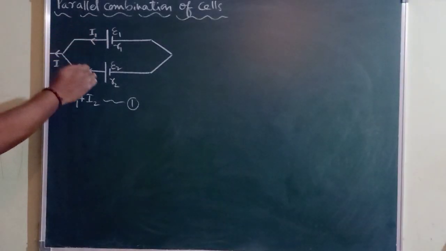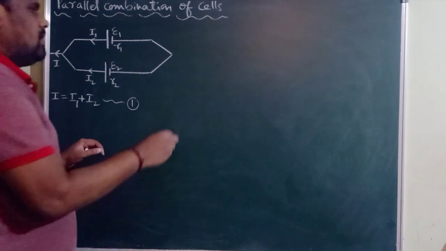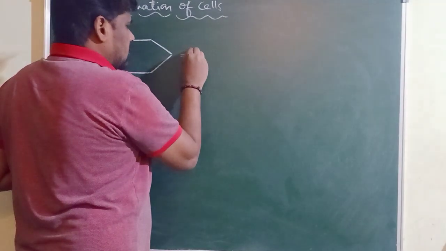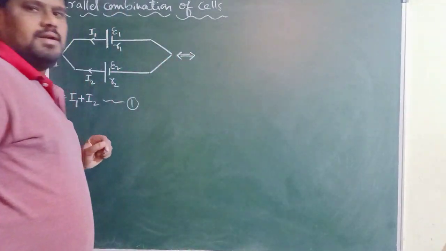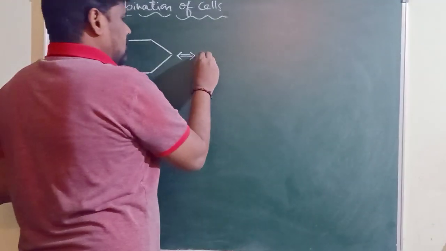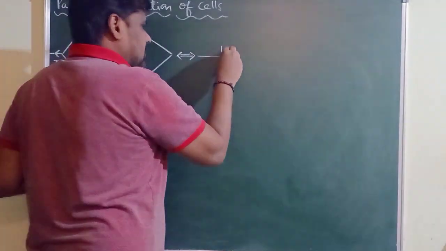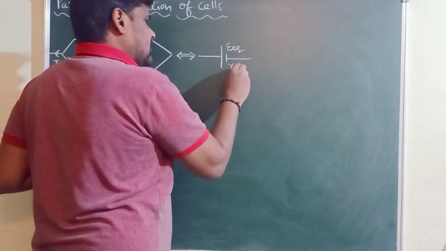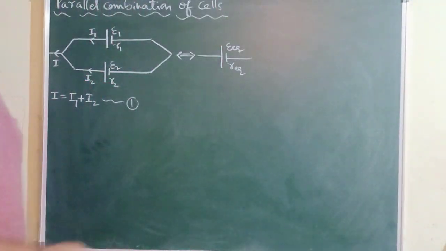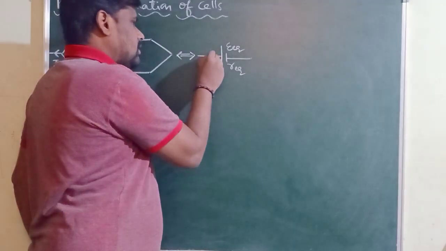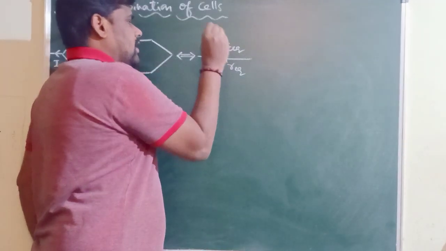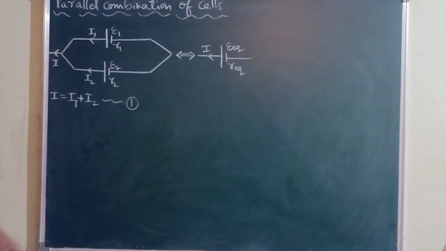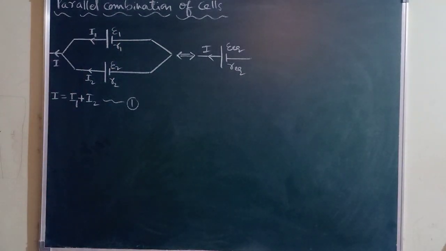Two cells which are connected in parallel combine to form a single cell, and its EMF is called the equivalent EMF, E equivalent. Its internal resistance is R equivalent, and the total current drawn from the two cells connected in parallel is given by I here.